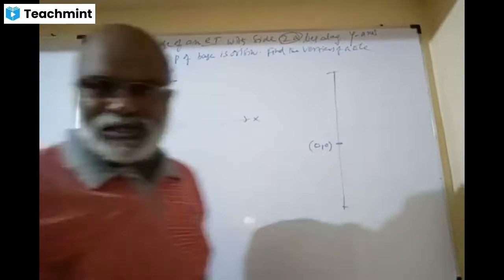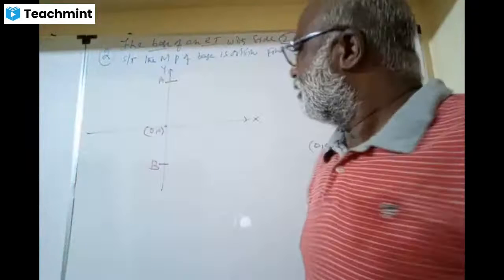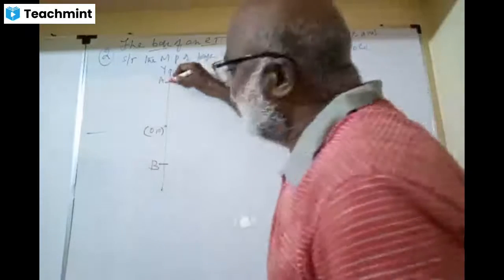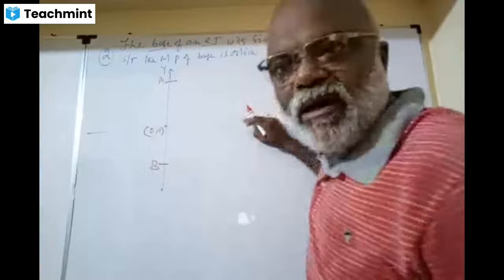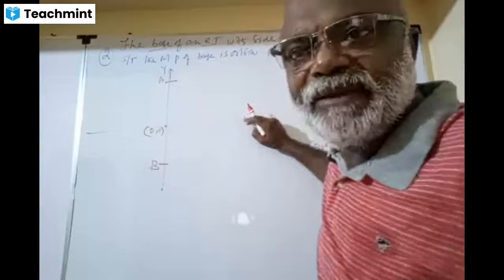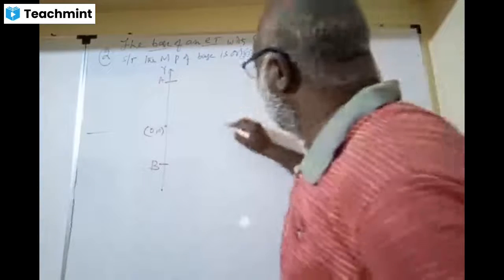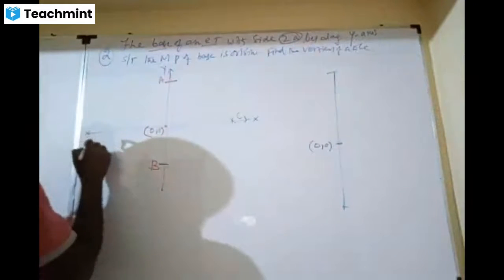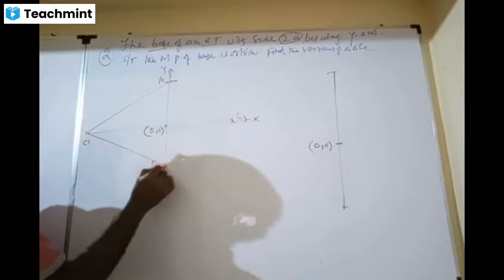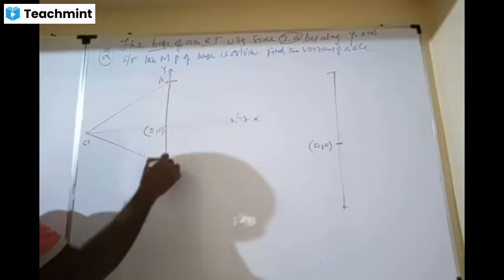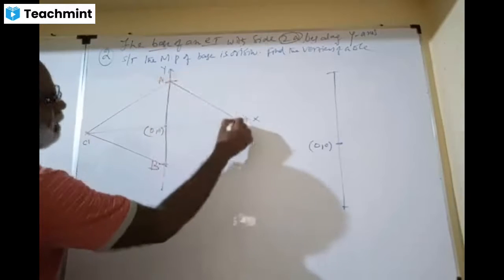Now the vertex C would be either on the positive x-axis or on the negative x-axis. I can draw C here or C dash here, correct? So this is my triangle, or this is my triangle.